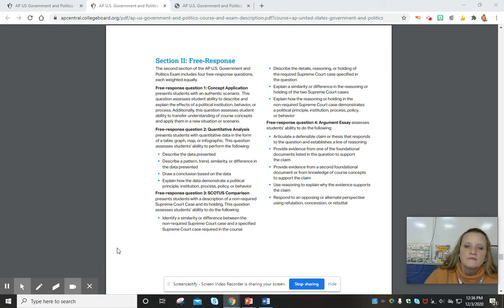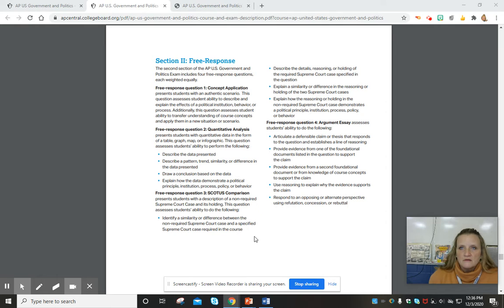You're going to have to take a case and read that, and then think about cases that we have read. You're going to identify a similarity or difference between the non-required Supreme Court case and a specified Supreme Court case required in the course.